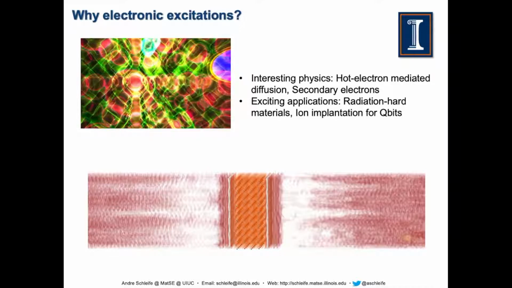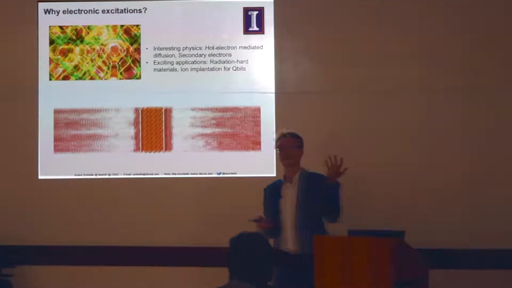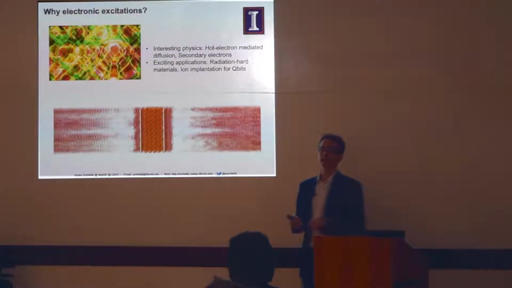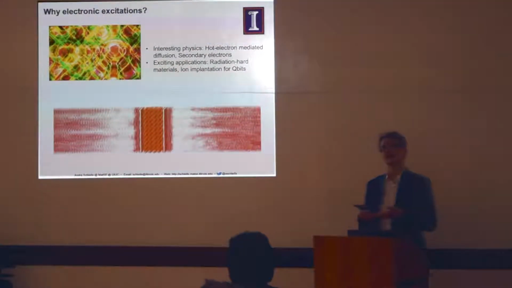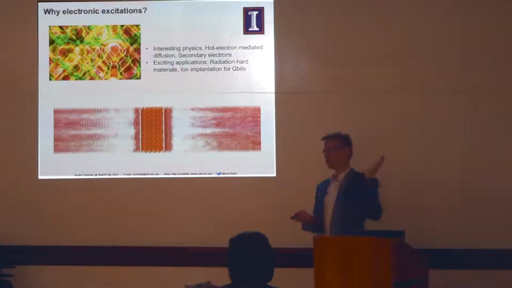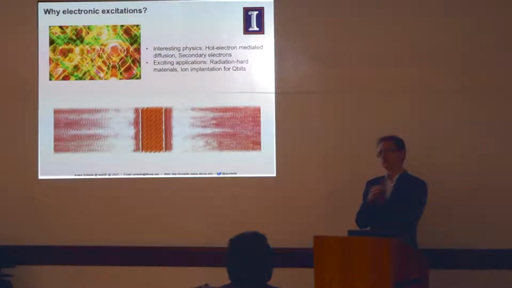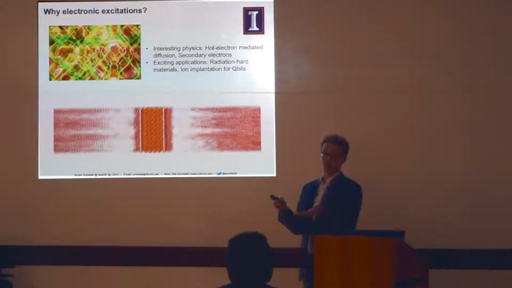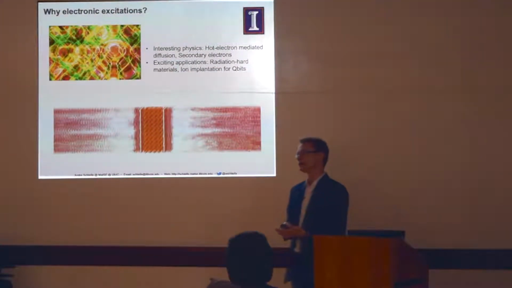Application motivation for this is, for instance, developing radiation-hard materials. If you shoot a satellite into space, solar cells are subject to radiation. The computer in the satellite is subject to radiation. And so the electronics actually need to be radiation hard. So that's the reason why the satellites that we do shoot into space right now use chips that are very old. Because the older chips had larger structures, all the transistors were larger on the chip, and so any individual radiation event didn't trigger as many problems.